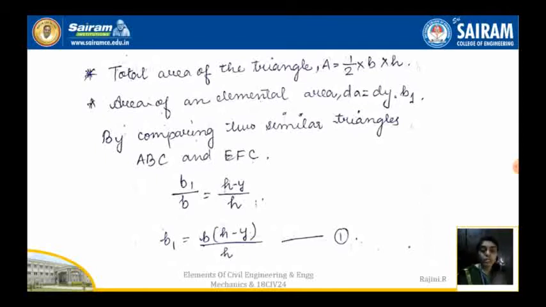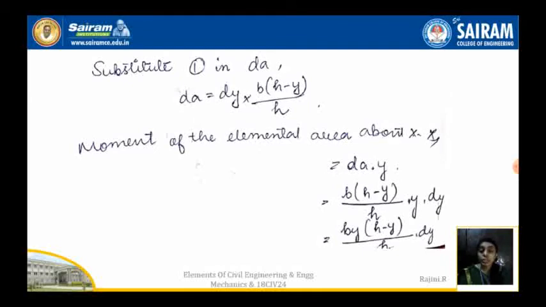Transferring everything to this side, you will get b1 equal to b into h minus y divided by h. This is equation number 1. Substituting equation 1 in dA, the elemental area, dA is equal to dy into b into h minus y divided by h.